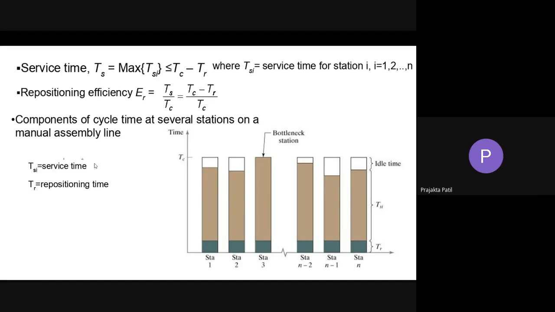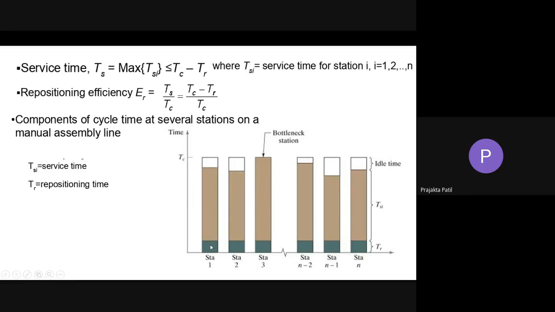So at the slowest station, the bottleneck station, the idle time will be 0, and at other stations, idle time exists. Here, if you can see, this is the bottleneck station, which does not have any idle time. So this basically decides the cycle time. If you consider station 1, there is this green box or green line where it ends.